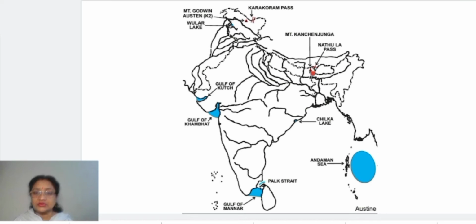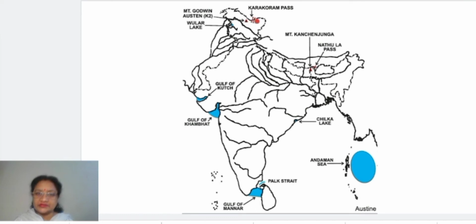This is Nathula Pass. Now let's move to the first peak which we have to mark here, Mount Godwin-Austen, K2. You can see here where it is marked, very close to the Karakoram Pass we have marked just now, and the curve which I was showing you. In between that curve and the Indus River, this is the Indus River, you have to mark this.